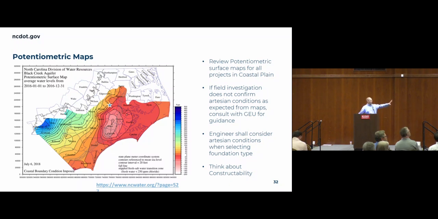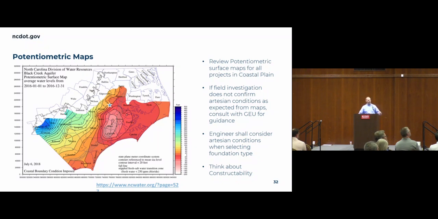There are different aquifers in the coastal plain, and each one has different maps. It shows you what the potentiometric head is on those aquifers. You can see the star where the project was located. So there was potential there, even though it didn't show up in the subsurface investigation.